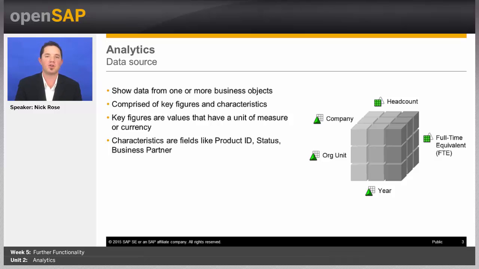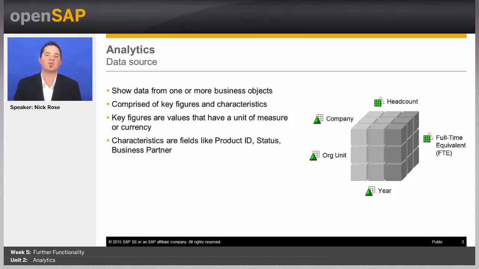Key figures are values that have units of measure, so your monetary amounts, measurements, things like that. And characteristics are the other data, so IDs, statuses, whatnot. You can create new key figures within the studio as well, but in most cases the key figures are already there, and then you have this data source that comprises all this data.